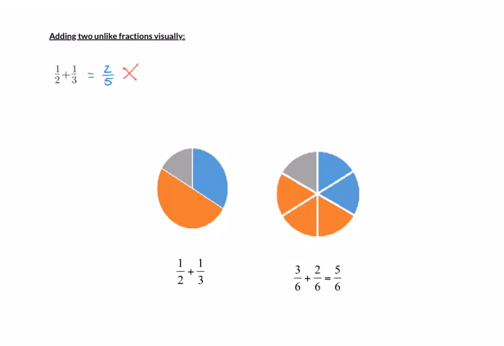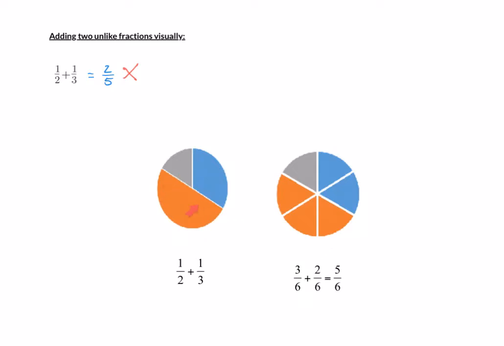So let's go ahead and talk about this visually. Let's say we have a circle and we want to add 1/2 plus 1/3. So what I'm going to do is divide the circle and shade 1/2. This is the orange region. And 1/3, this is the blue region.